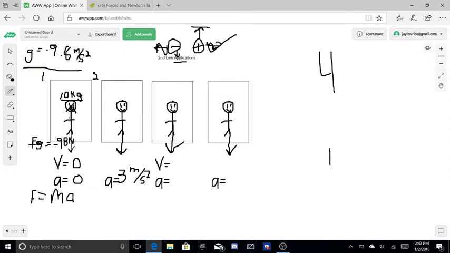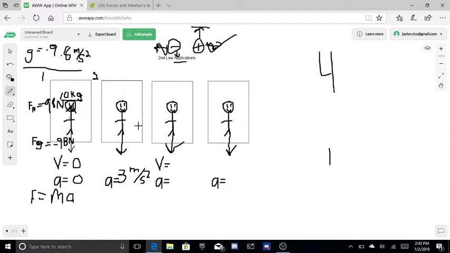So the opposite of the force of gravity is equal to the normal force. So F N equals 98 N. So now let's move on.